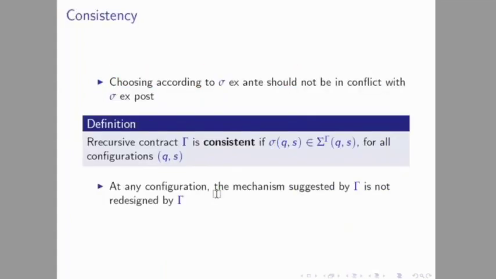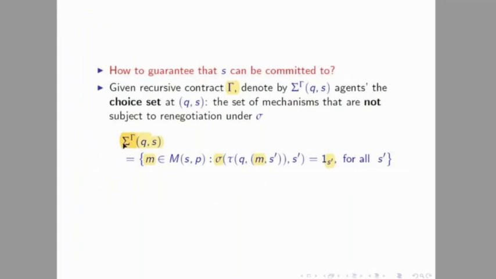So in principle, the mechanisms in sigma gamma given configuration QS are mechanisms that are feasible for the mediator under the current configuration QS.